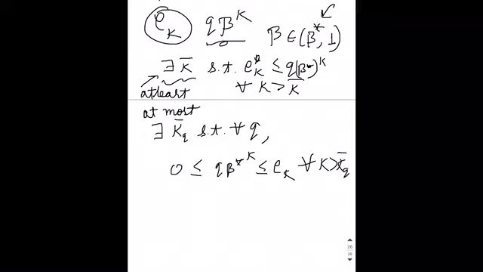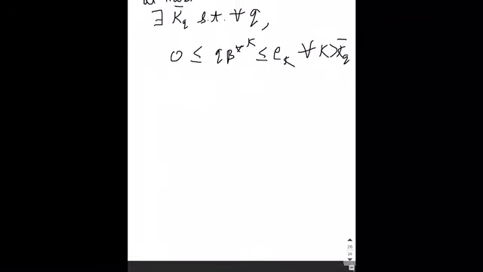If this happens, then there is at most linear convergence.